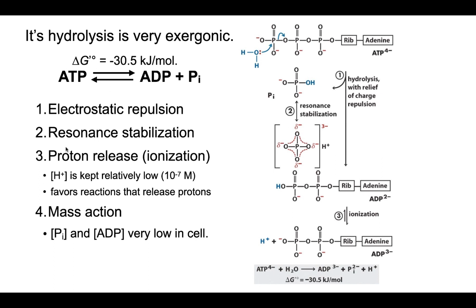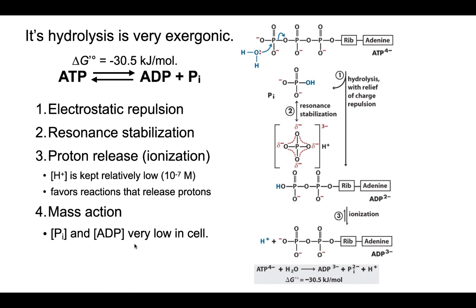So that's 2. Number 3, the proton release. So the ionization. Here we have a hydroxyl group on the ADP, one of the products, and it drops off that proton, and that proton release, that ionization, stabilizes the product and therefore makes that reaction more exergonic. And finally, mass action.